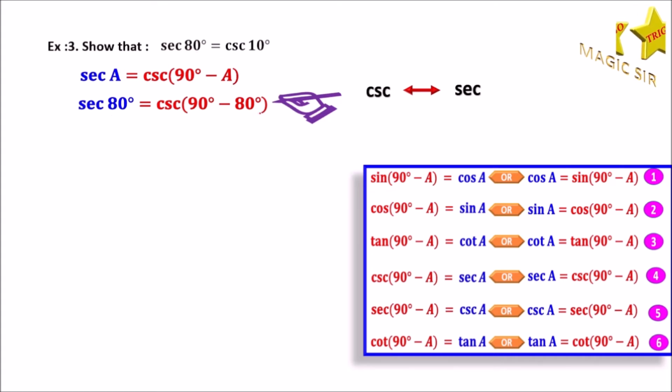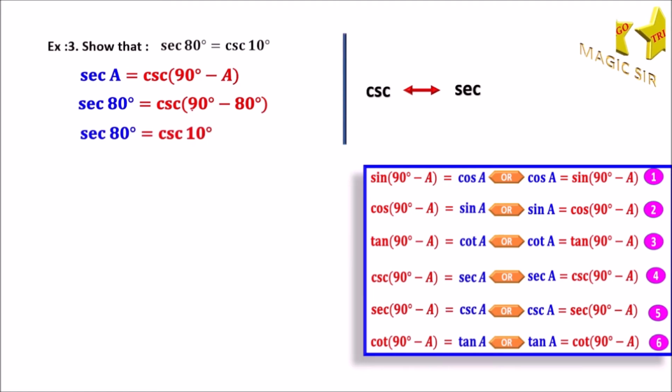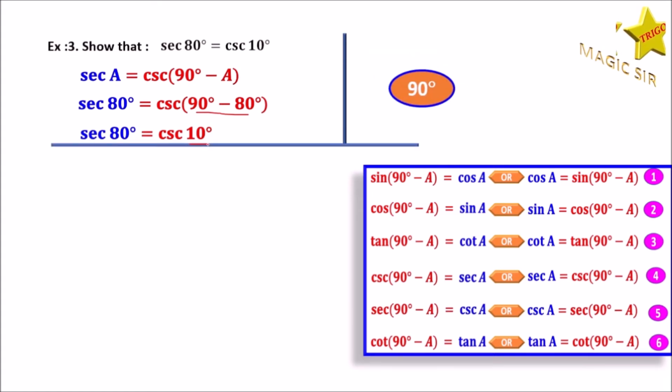So, sec 80 degrees is equal to cosec 10 degrees because 90 degrees minus 80 degrees is equal to 10 degrees. Hence, we can convert secant to cosecant or cosecant to secant by subtracting the given angle from 90 degrees. Note that 80 degrees plus 10 degrees is equal to 90 degrees.